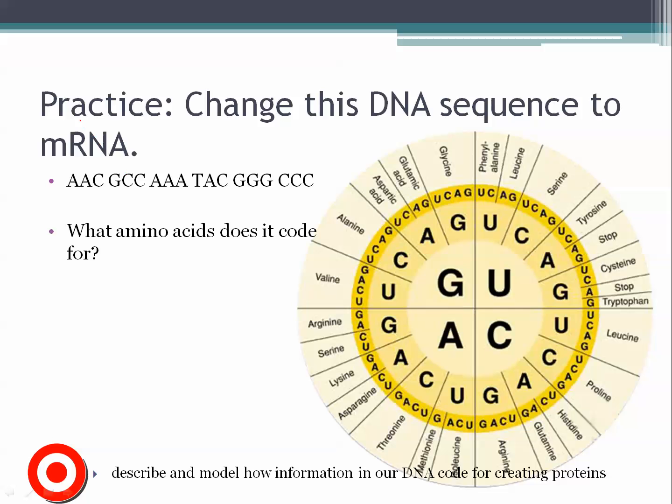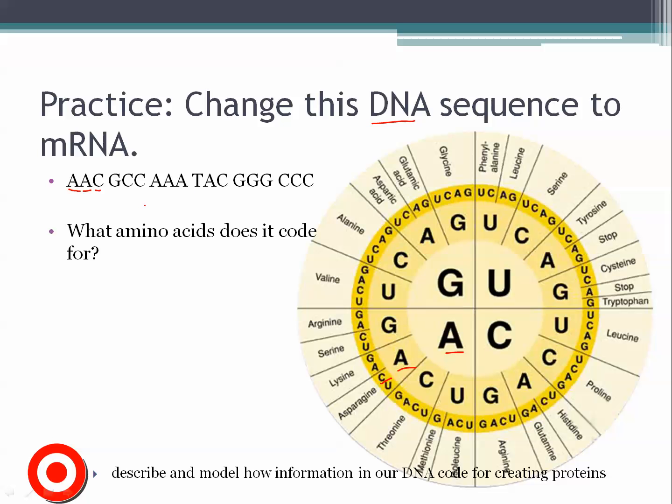Alright, so what we need to do now is practice changing this DNA sequence to mRNA. So you have AAC. We're going to go to AAC. So that'd be asparagine. Oops, I made a mistake. Maybe you didn't make this mistake. This is a DNA code.